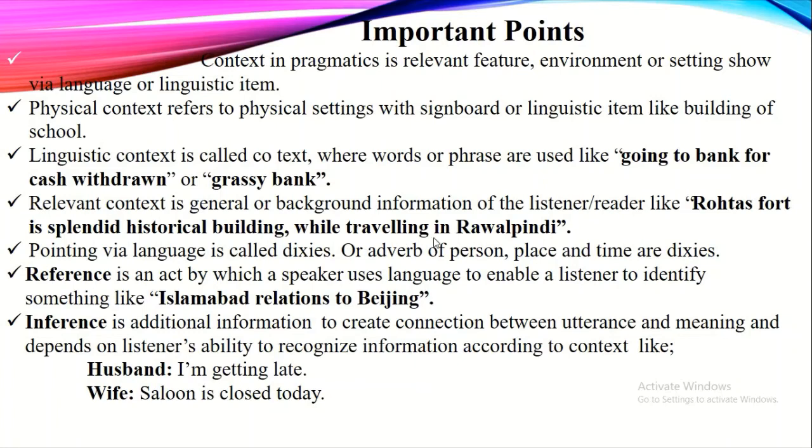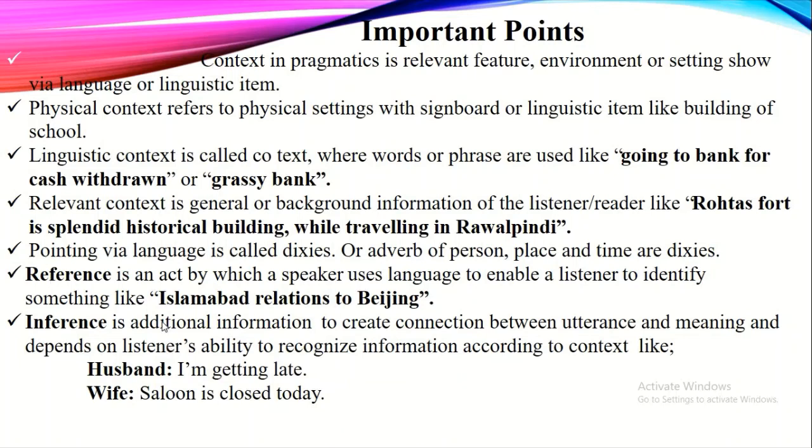Pointing via language is called deixis, and adverbs of person, place, and time are also called deixis. Reference is an act by which a speaker uses language to enable a listener to identify something, like Islamabad in relation to Beijing.